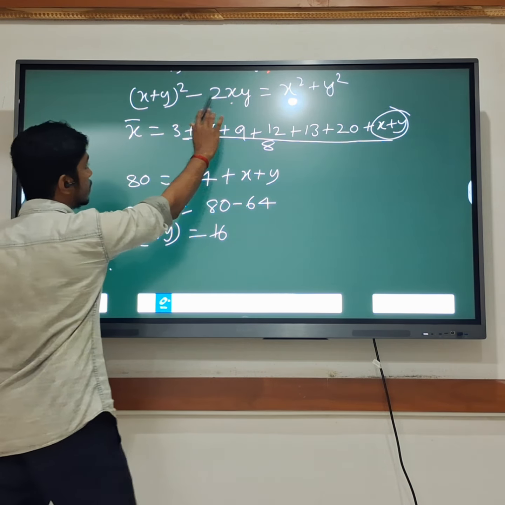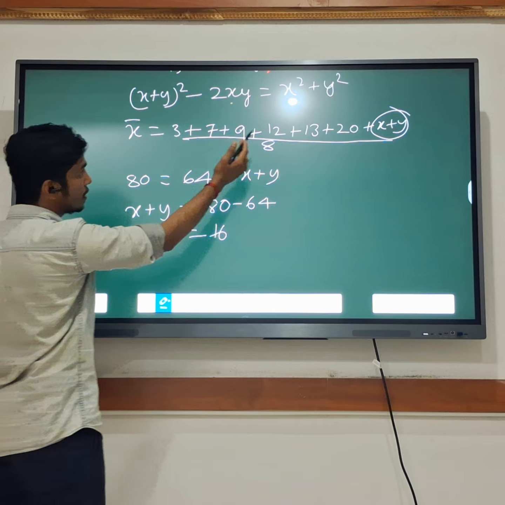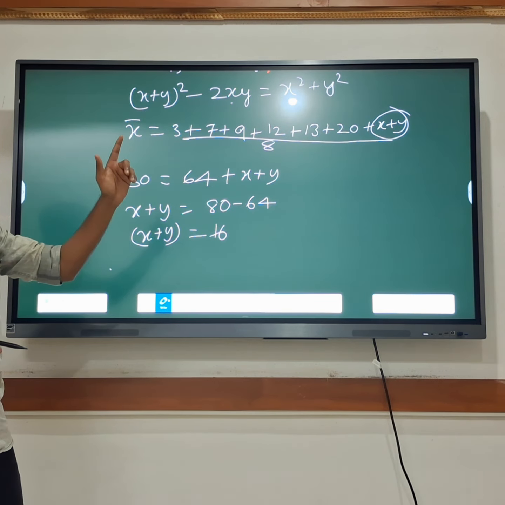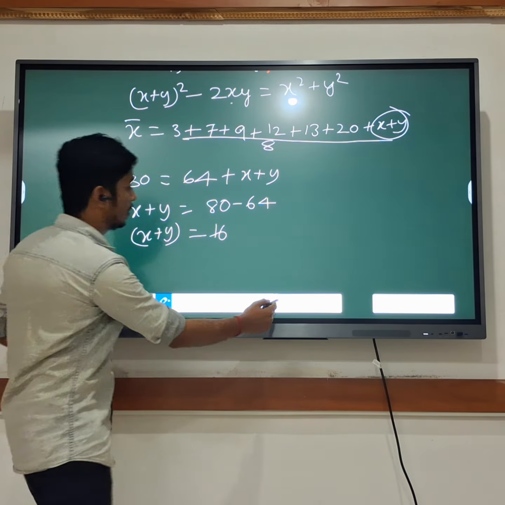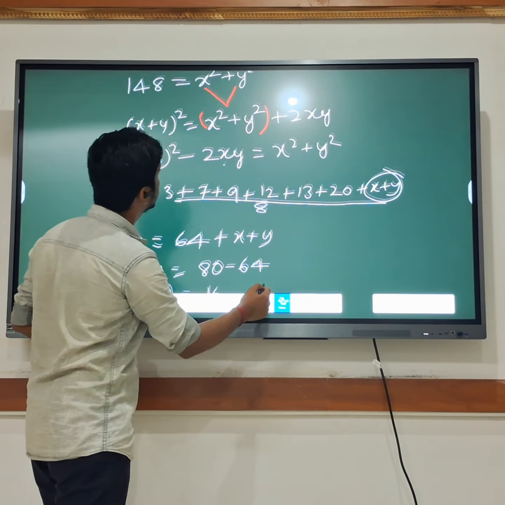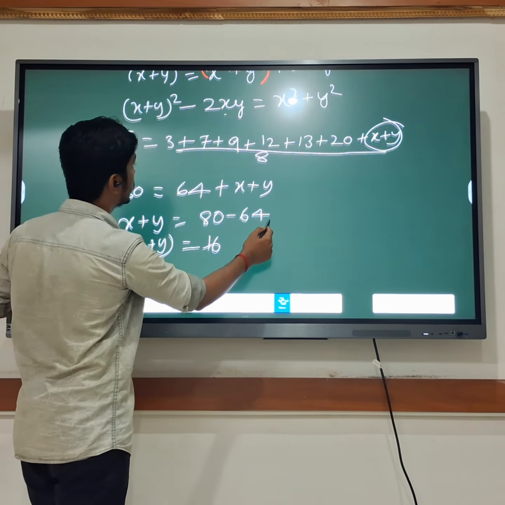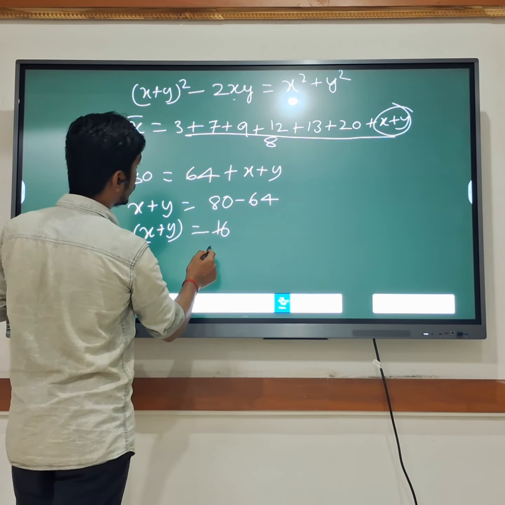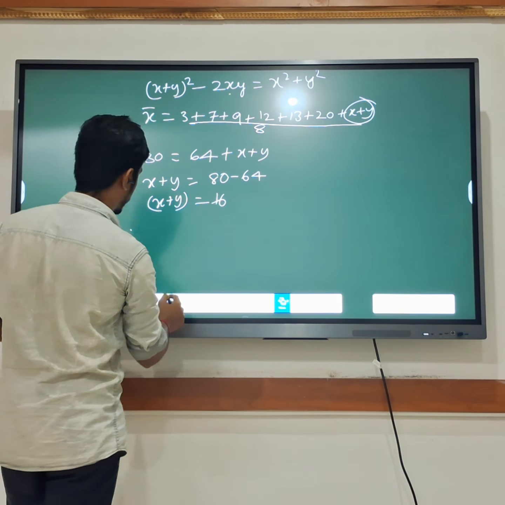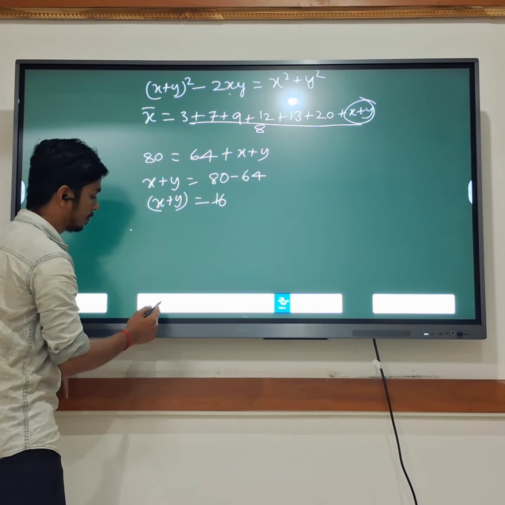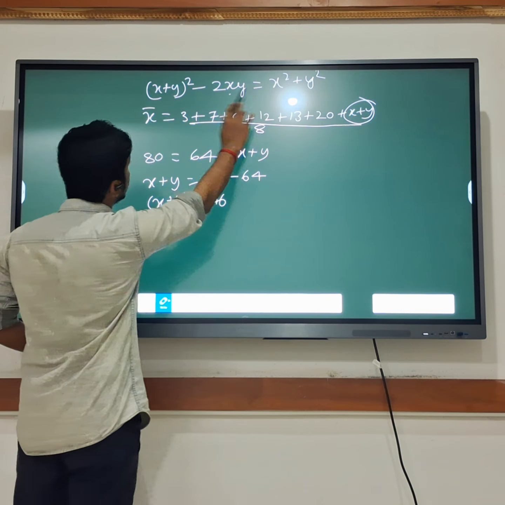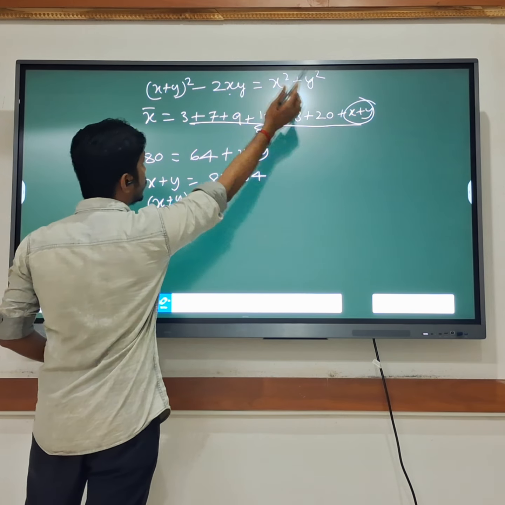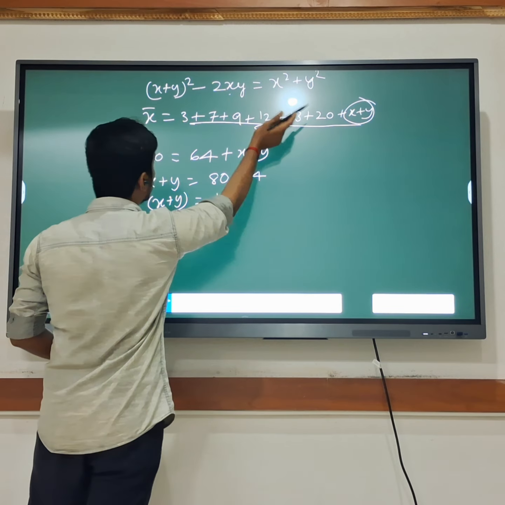Now take this minus 2xy to one side and x square plus y square to the other side. We know that x square plus y square is 148, right? 148. This minus 2xy goes to this side, x square plus y square goes to this side.